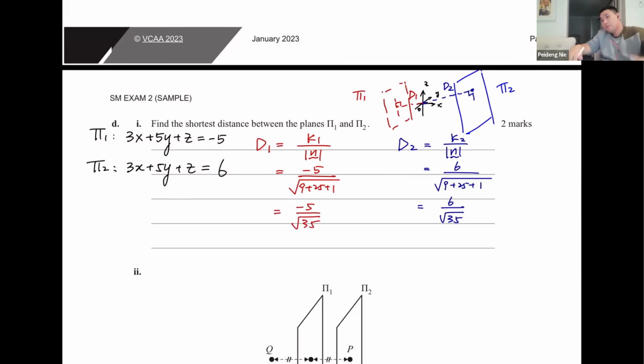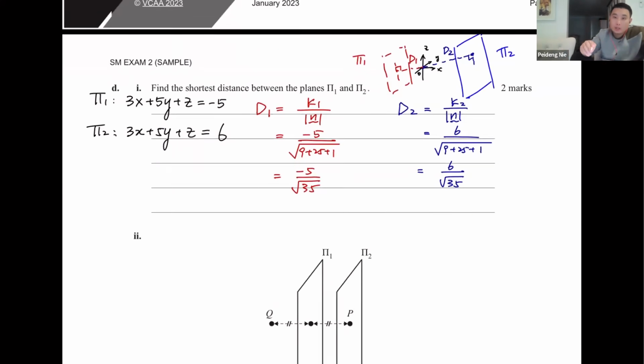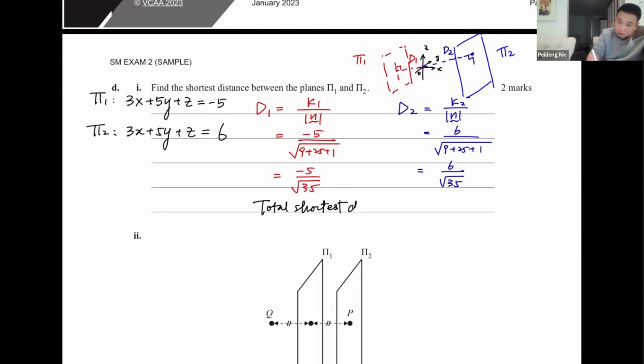Don't forget, you are looking for the distance between two planes. One is a negative distance, another is a positive distance. So you put in the negative distance as a positive and add them up, okay? Otherwise, you use 6 over root 35 minus 5 over root 35. So the total shortest distance is going to be 11 over root 35. Or if you wish, write that as 11 root 35 divided by 35, okay?